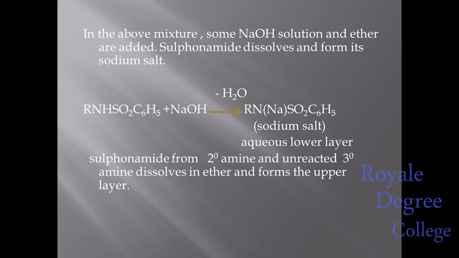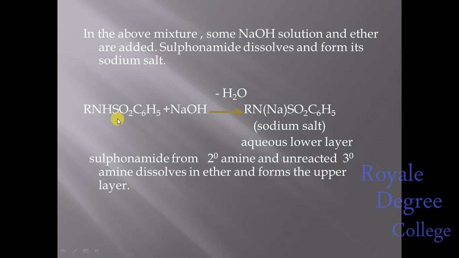In the above mixture, some sodium hydroxide solution and ether are added. The sulfonamide dissolves and forms its sodium salt. How will we see it here? RNHSO2C6H5. In that we are adding NaOH. So what will happen here? From this side, one hydrogen is there. Now, this hydrogen is reacting with the OH of NaOH, and we are getting the side product as water.